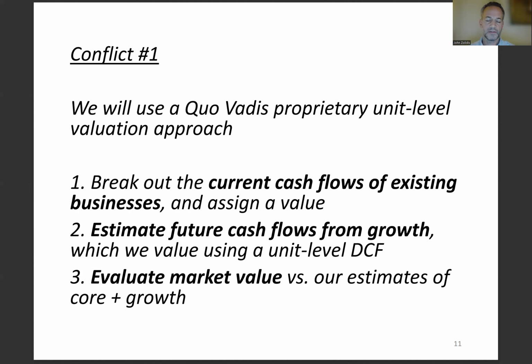And we're going to estimate the value of those cash flows using a store level DCF, discounted cash flow model. Then we'll take those two pieces together and compare it to what the market is paying for the business.